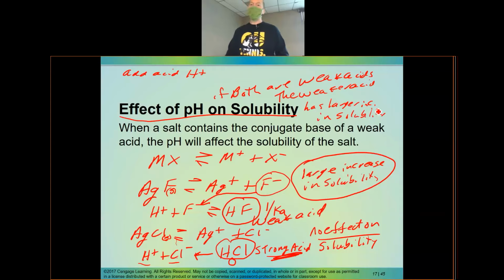So of course a weak acid is weaker than a strong acid. So if you have two weak acids, you will then have to look at the Ka. Of course, the smaller the Ka, the weaker the acid. So look at the Kas, the smaller the Ka, the weaker the acid.